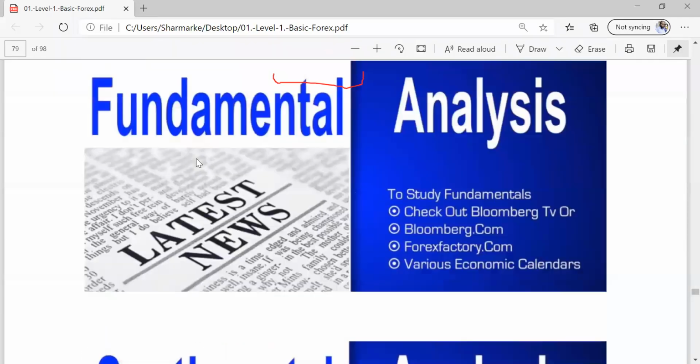Fundamental analysis is more of news or events in the market. If there are any events in the market, it's usually fundamental analysis. You will study or check out Bloomberg TV. Bloomberg TV is a live TV that talks about the financial market, and it's at bloomberg.com.